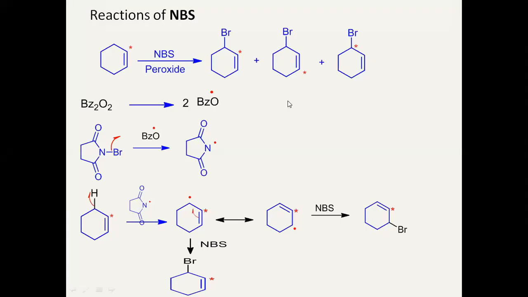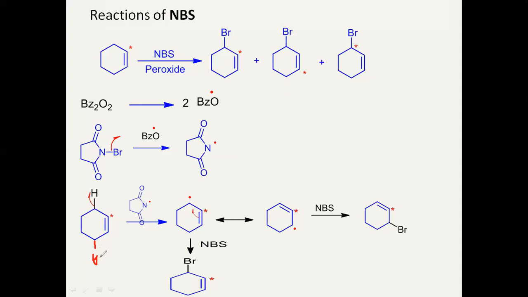This cyclohexane ring has two allylic carbons, this allylic carbon and this allylic carbon. So if we remove this hydrogen instead, that is also possible.